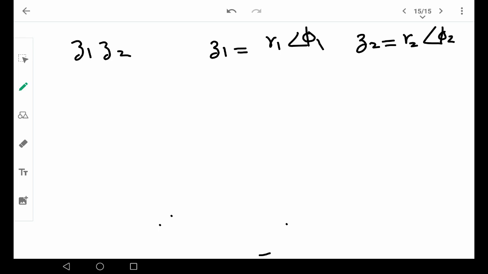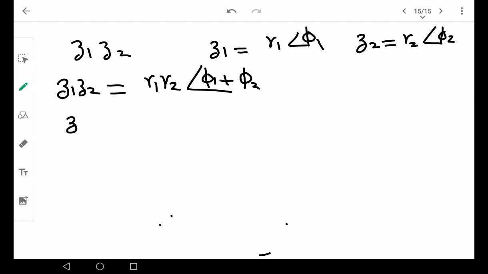So you can write z1 z2 equal to r1 r2, then the angle is given by phi1 plus phi2.